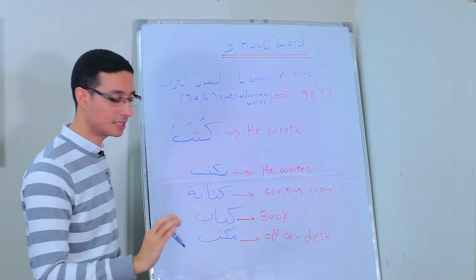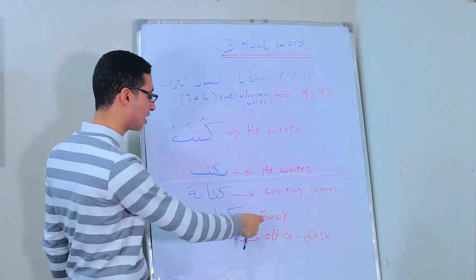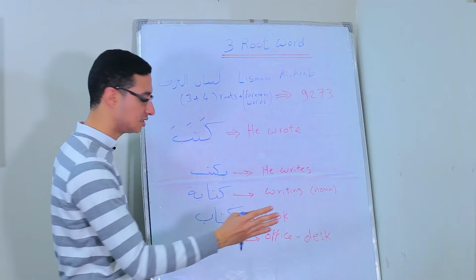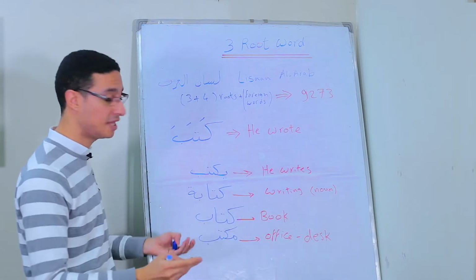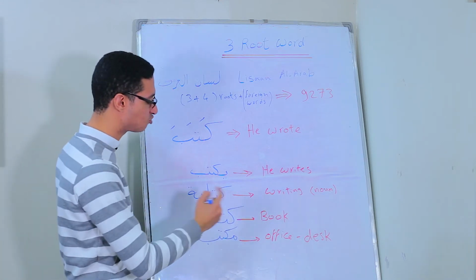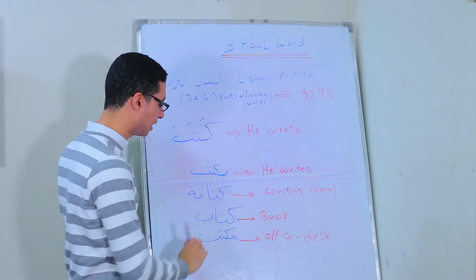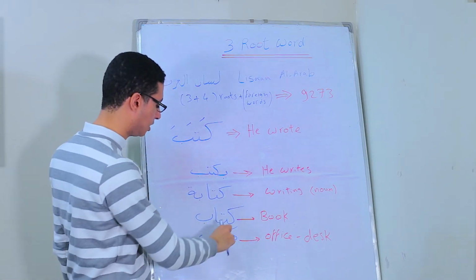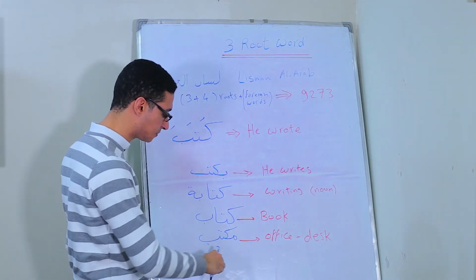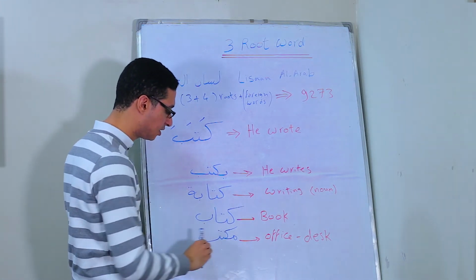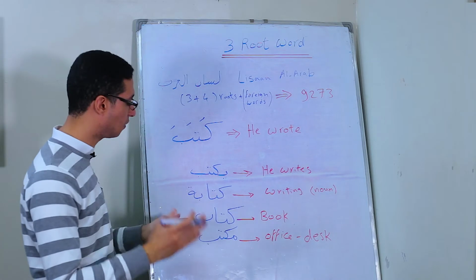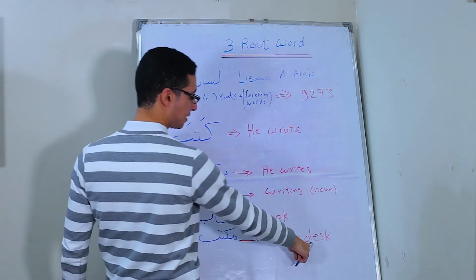This is a little bit tricky because book is different. It's not writing, but at the end, the book is something written. So it's related to kataba. So the word kitab means book. And here, maktab means office, and it also means a desk.